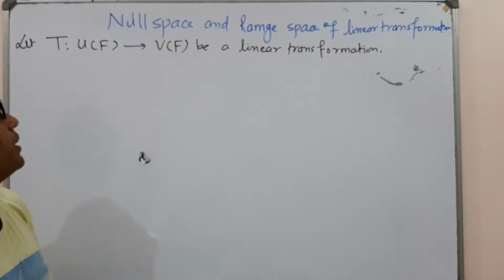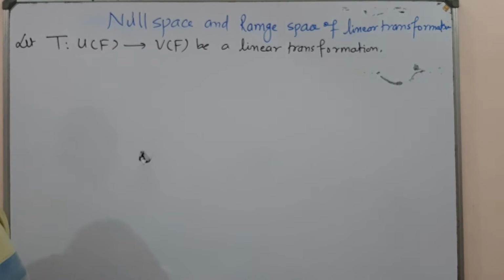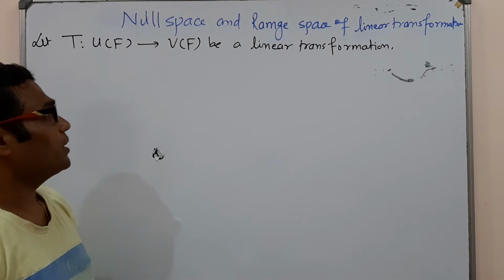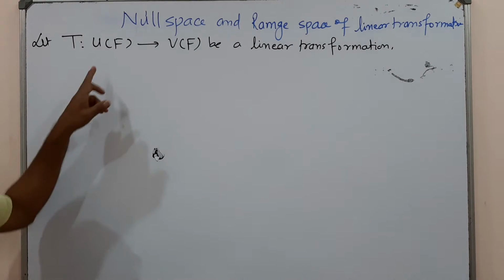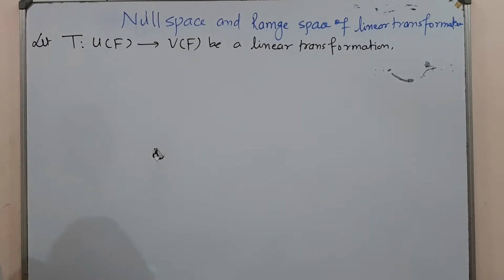Now, in this video lecture, we discuss the null space and range space of a linear transformation. Here we assume that T is a linear transformation from the vector space VF to UF.